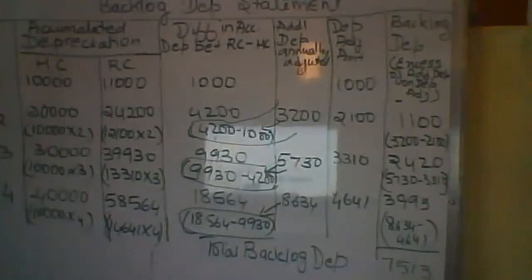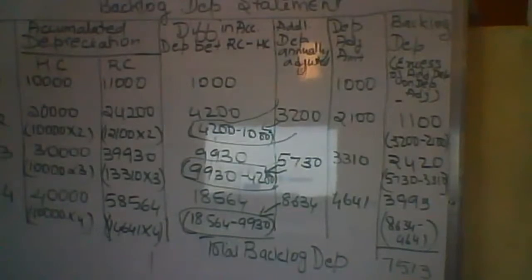Now in backlog depreciation, suppose each year's inflation is applied with the straight line method or whatever methods there are. If I apply each year's depreciation to the past years also, how much would the impact have been in the past years?